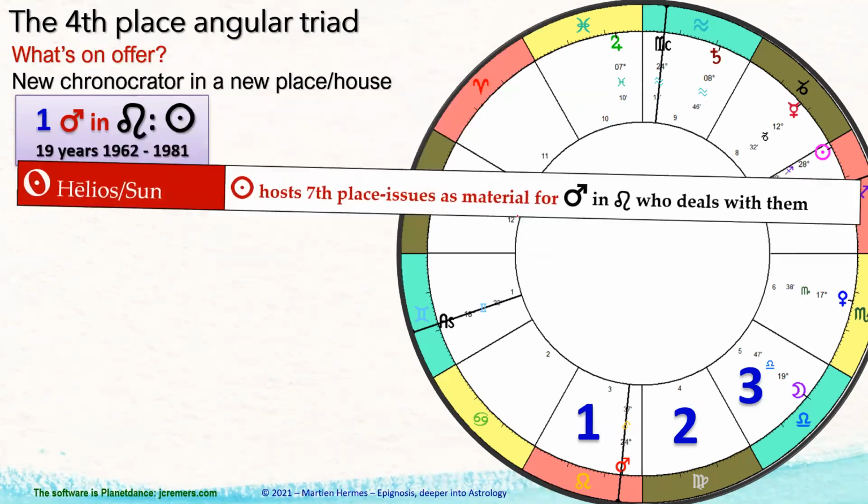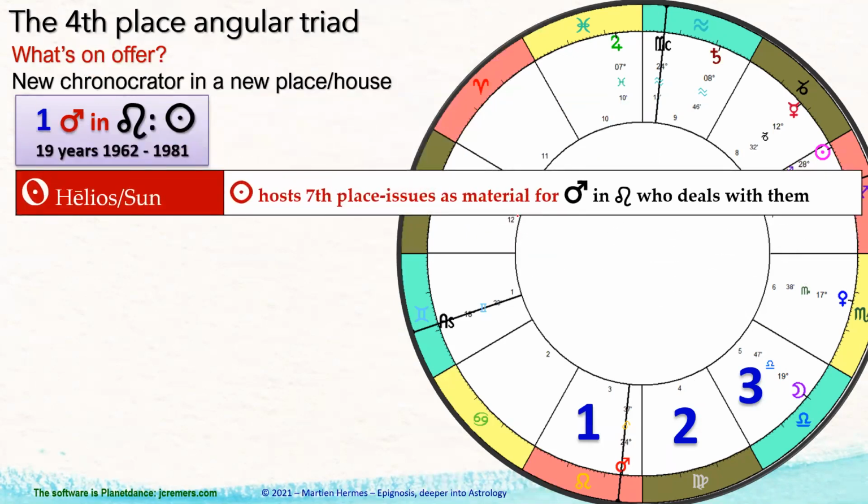So what's on offer? It's the seventh place issues. So it has to do with relations. It has to do with how you deal with other people. And Mars is not a very good dealer with other people because he likes to be in conflict with them, and Mars has to do with severing and things being torn apart and things divided, etc.